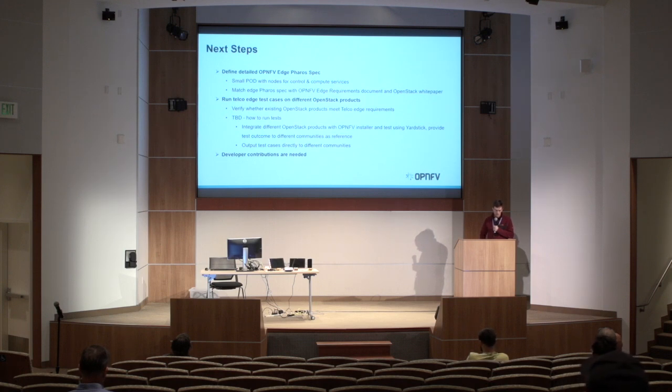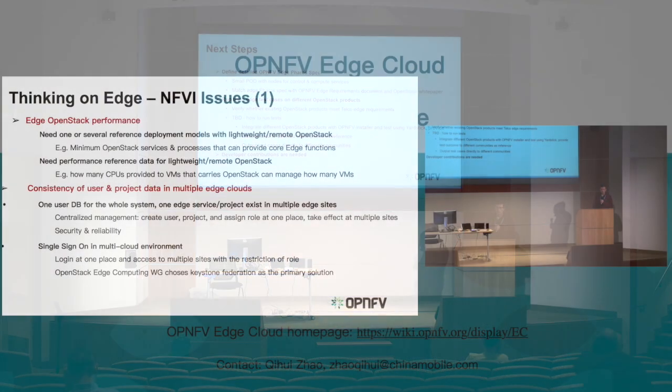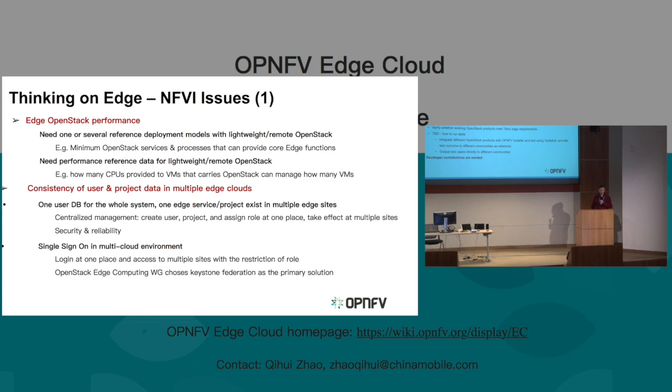And then one other point here is that, like all open source projects, it relies on contributions by developers. So if anybody's interested in contributing or finding out more about the work being done in the Edge Cloud project, would love to hear from you.